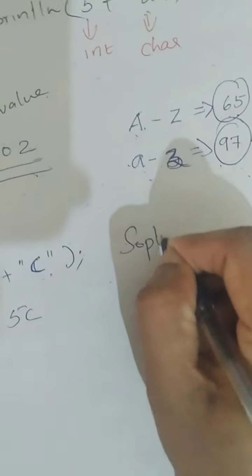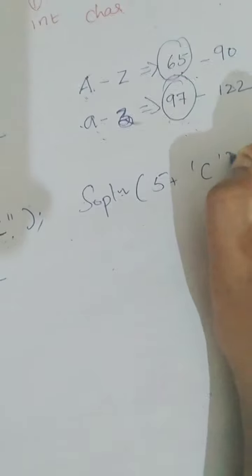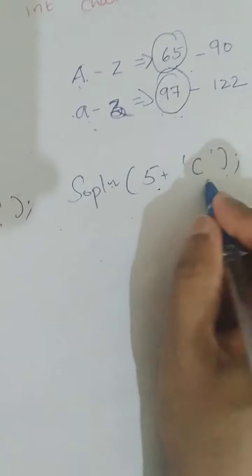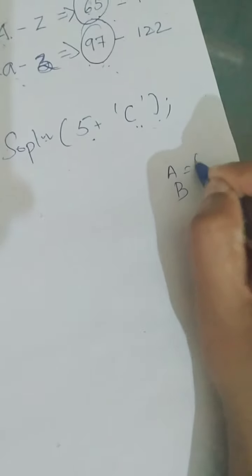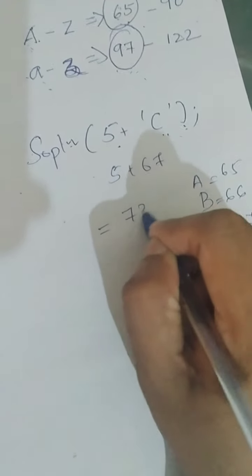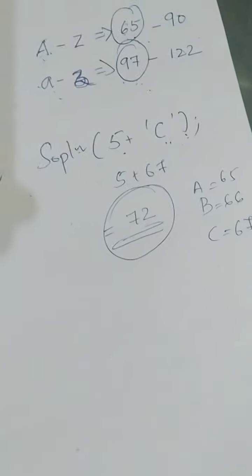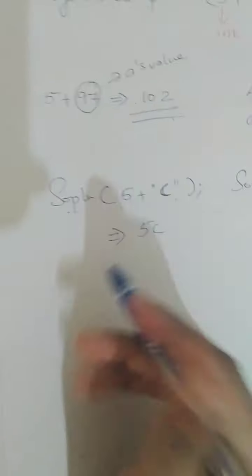Now SOPLN 5 plus C character. C's value, this is capital, so A's value is 65, B is 66, C is 67. So 5 plus 67 is equal to 72. Your output will be 72. This way you have to calculate.